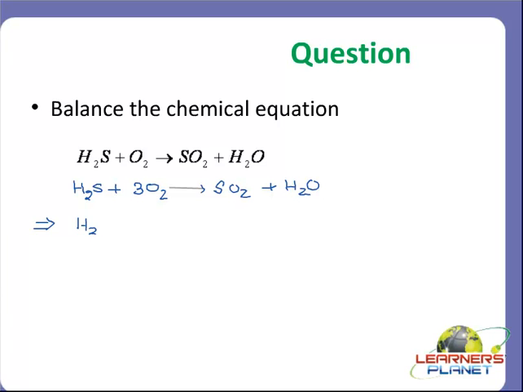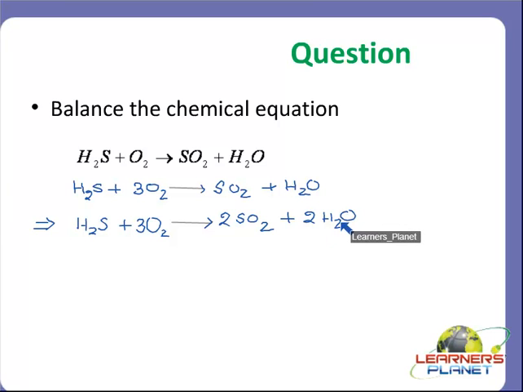So it would be H2S plus 3O2 giving 2SO2, and if I make this 2H2O also, then is the number of oxygens balanced?